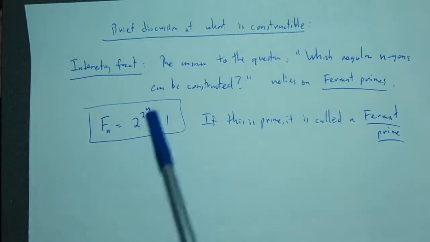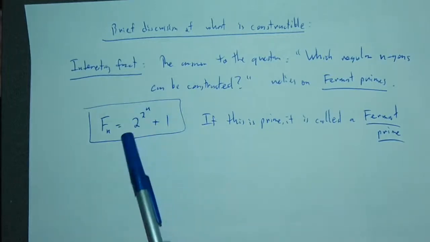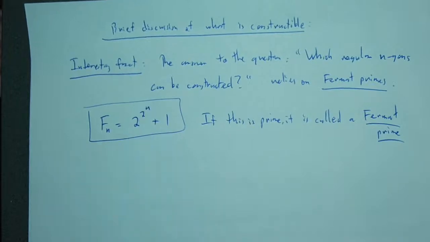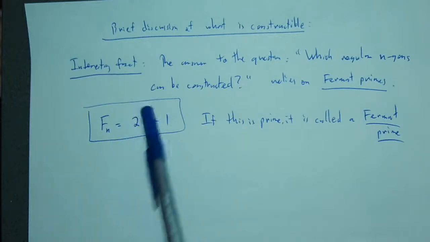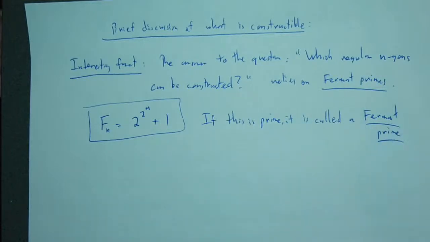Now, where do we come up with this? If you just wrote this as 2 to the m plus 1, it turns out that the only time that can possibly be prime is when m is a power of 2. That's why it takes this funky form. When you have 2 to a power plus 1, the only time that is prime is when that power is a power of 2. And when this is prime, it's called a Fermat prime.